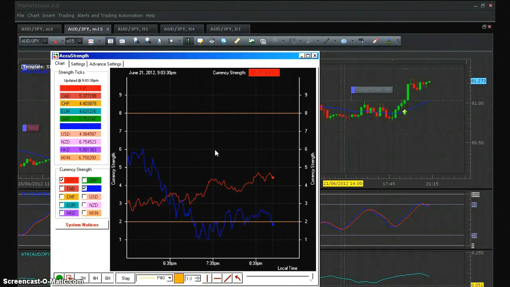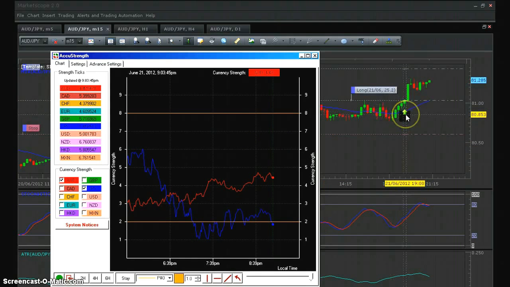We have set our strategy such that we only trade this market when ATR is above 0.10, and in this particular case we entered the trade right at this point, and the ATR at that point was just about 0.118, so that was within our requirement.